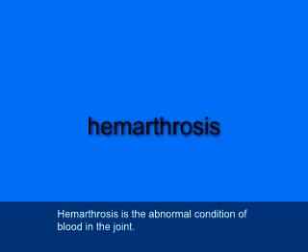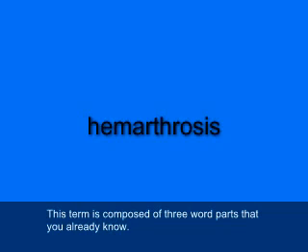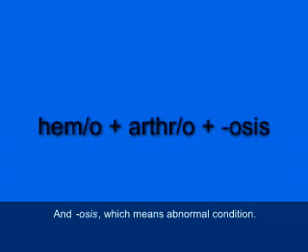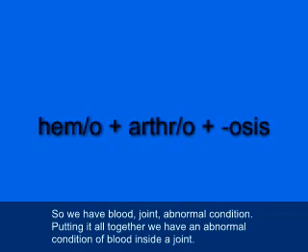Hemarthrosis is the abnormal condition of blood in a joint. This term's composed of 3 word parts, which you already know. Hemo, H-E-M-O, which refers to blood. Arthro, A-R-T-H-R-O, which refers to joint. And osis, O-S-I-S, which means abnormal condition. So we have blood, joint, abnormal condition. Putting it all together, we have an abnormal condition of blood inside a joint.